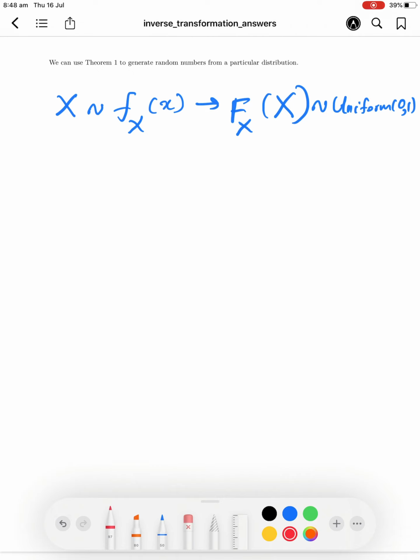Now here we are thinking about the other way around. Can we transform a set of uniform random numbers by the inverse of the CDF and get the random numbers of X? Yes, we can.